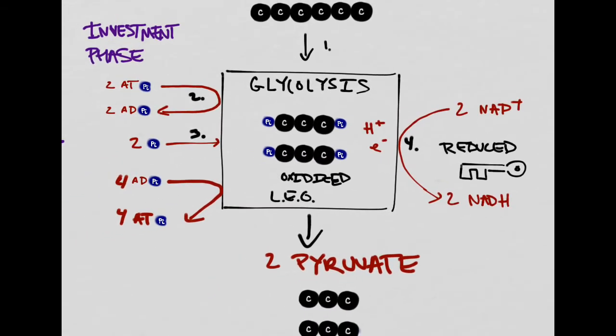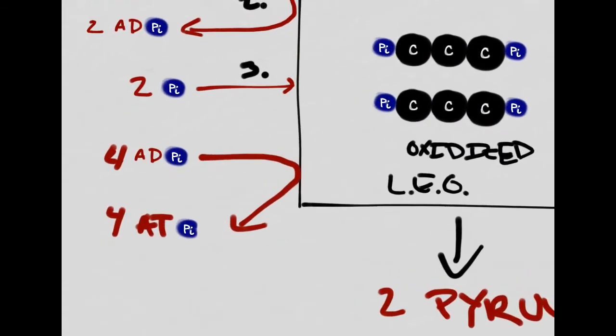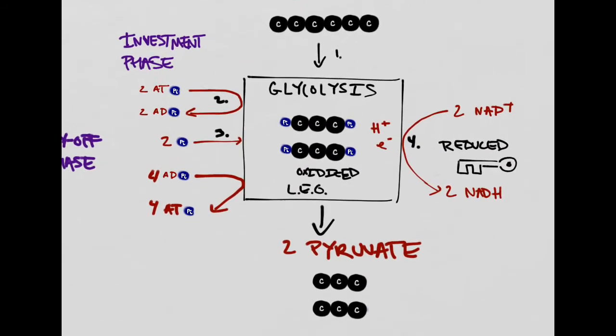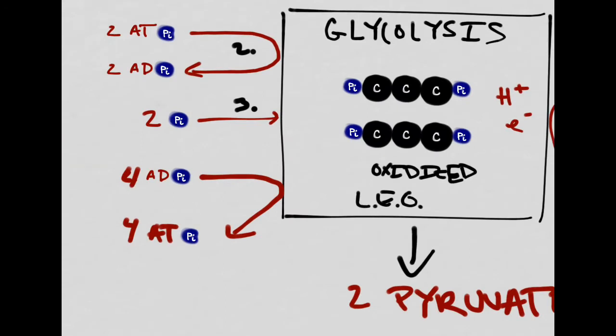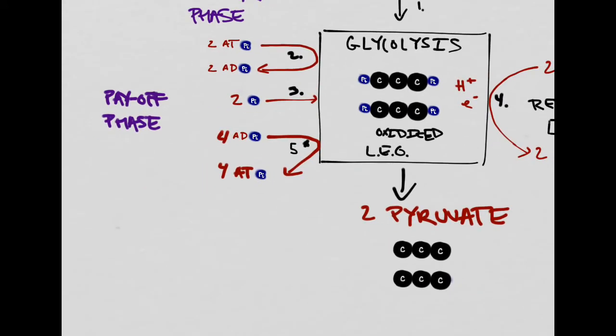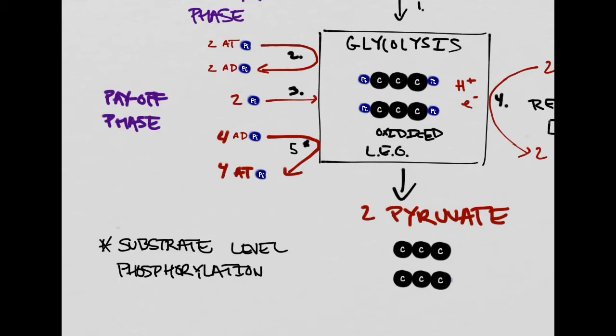That's step 4, and that prepares them to then have step 5, which I'm going to put a little star next to. And the reason for that is because this is a process called substrate level phosphorylation. And all this means is that the ADP is coming into direct contact with the molecule and is phosphorylated directly.